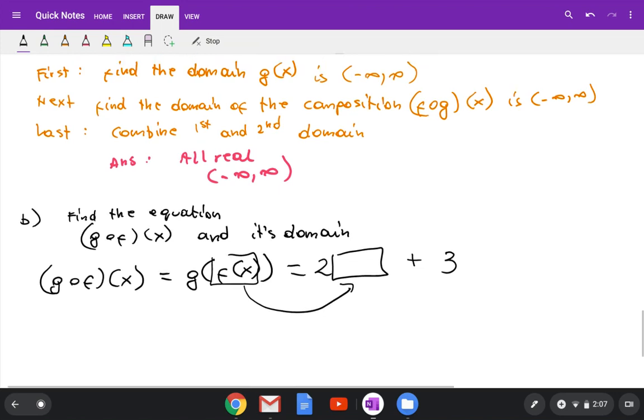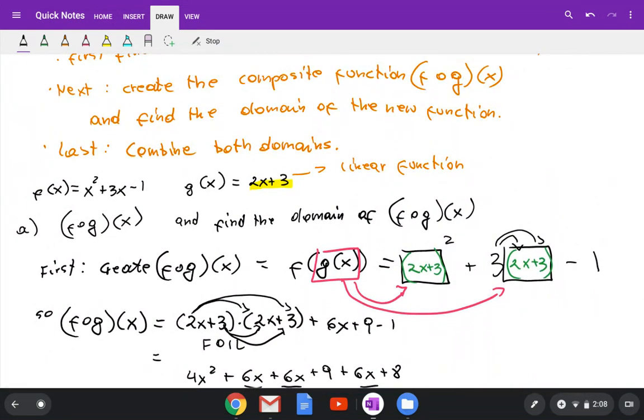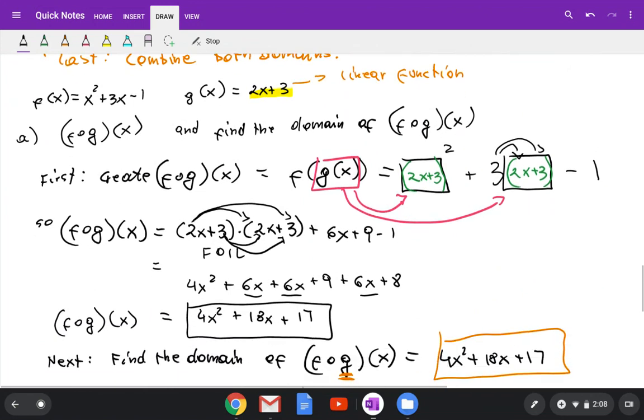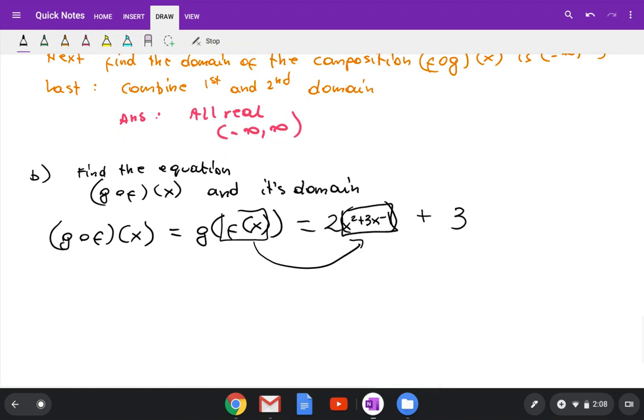And function f has the equation x squared plus 3x minus 1. So always remember about parentheses. Okay, so like you see, f, which has the equation x squared plus 3x minus 1, replaces x from function g. That's how the composite function works.